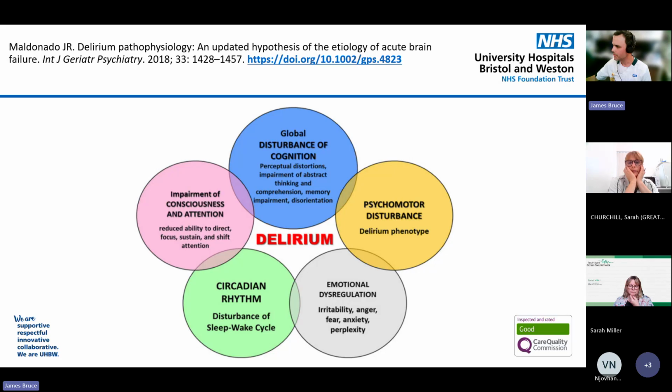Within this paper, they talk about delirium phenotypes and classify five. We're all aware of our three classifications: hyper, hypo, and mixed. But then there's catatonic and hyperexcited as well. These are rare, obviously, but they do exist. If you're interested in delirium, this paper is a top recommendation.